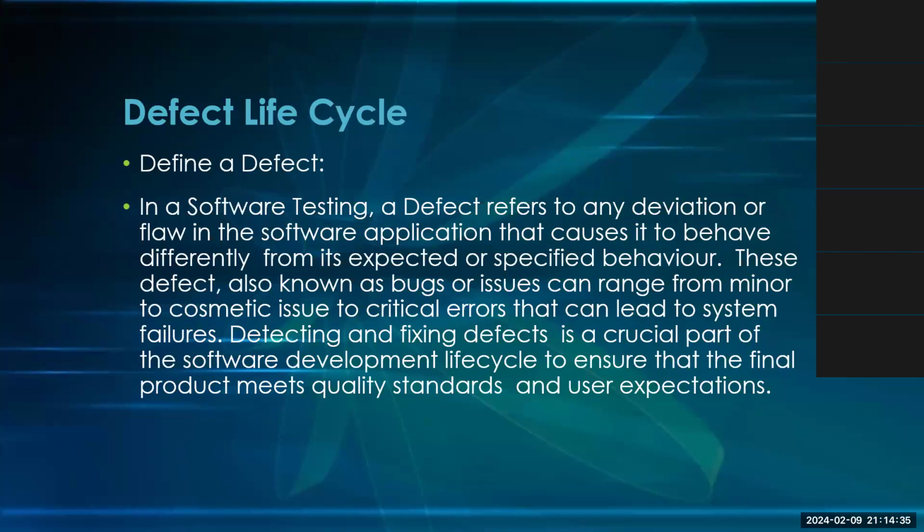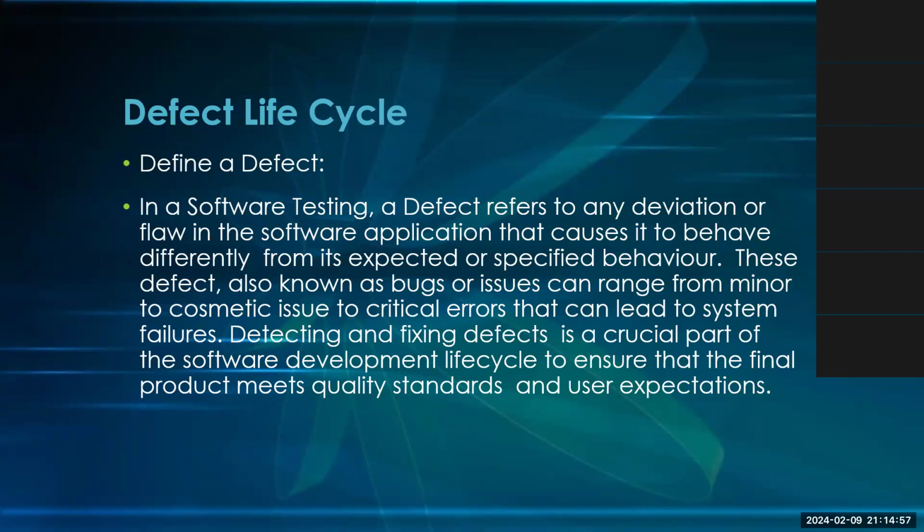So we have defect life cycle. Define a defect. In software testing, a defect refers to any deviation or flaw in the software application that causes it to behave differently from its expected or specified behavior.